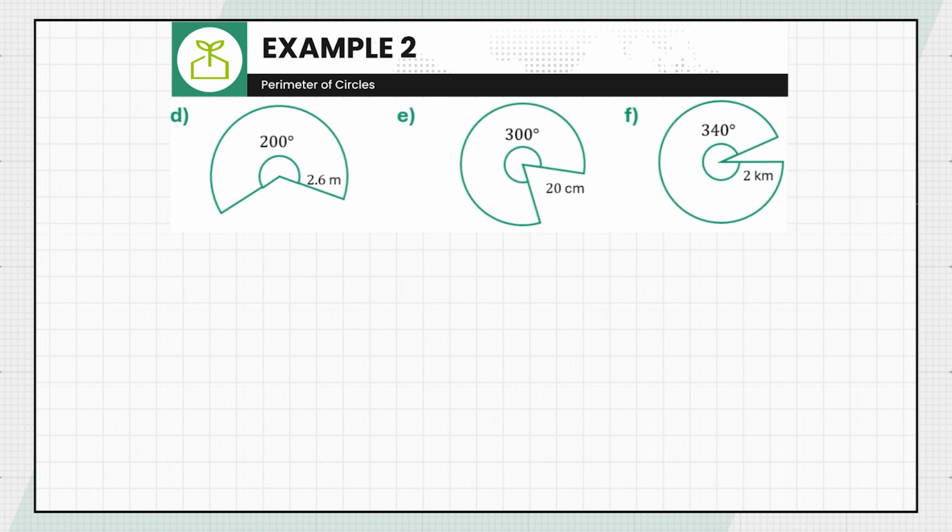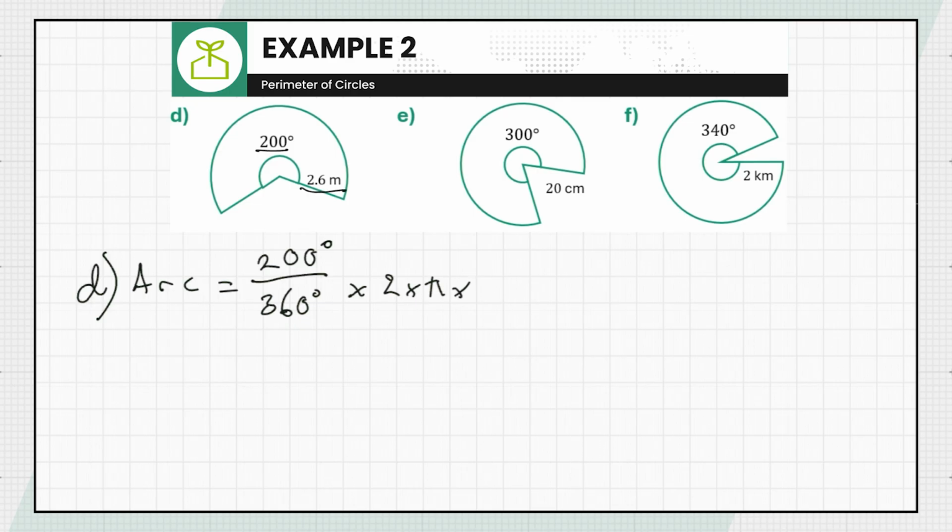Alright, let's get started. For our first one, we have to remember that our arc is going to be equal to whatever the angle is, so in this case it's 200 degrees, divided by our total, 360 degrees, multiplied by 2 times pi times our radius, which in this case is 2.6 meters.